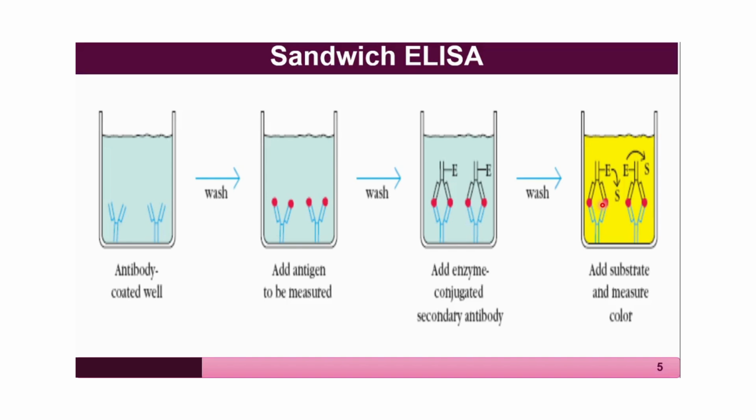In addition, this technique also is used for detection of HIV antigen and other antigens which are found in very small quantities. Even some of the cancer antigens are recognized by ELISA technique.